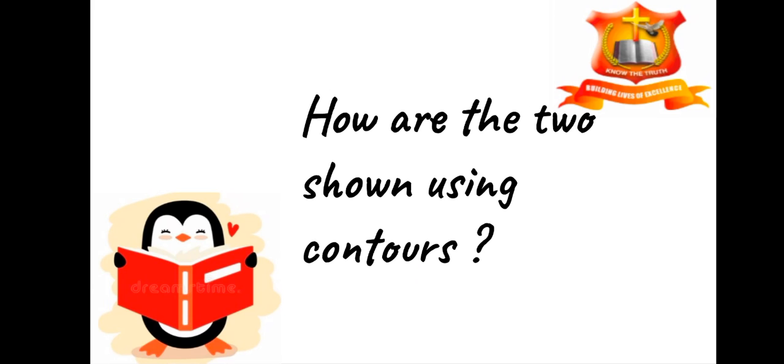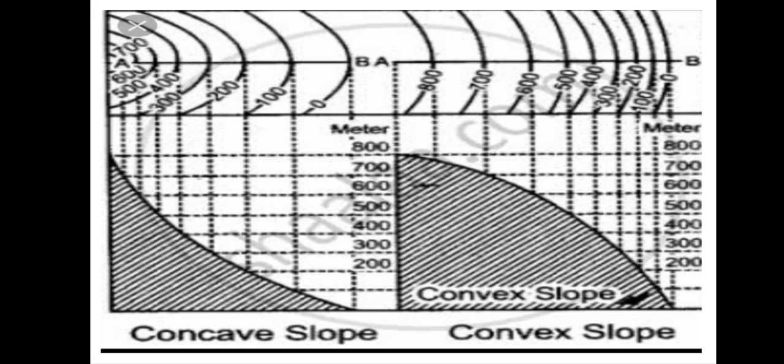Now, how are the two shown using contours? Contour lines showing a concave slope on a map will be closely spaced at the top of the terrain feature and widely spaced at the bottom. You can see here the concave slope: the lines are wide at the bottom and nearer at the top.